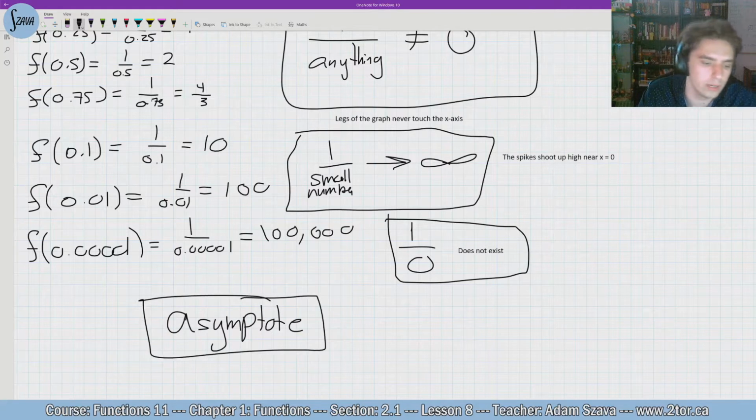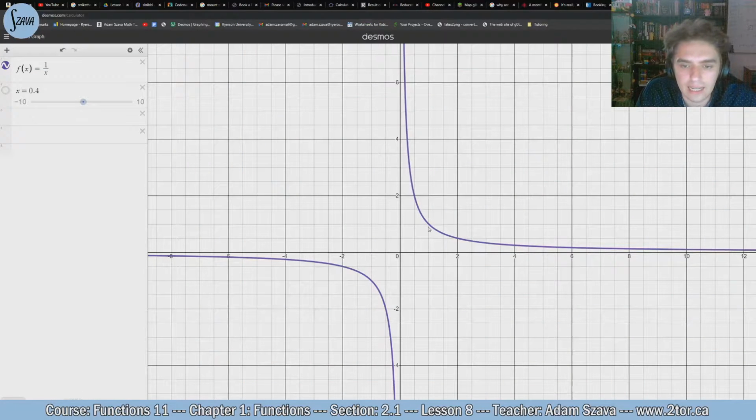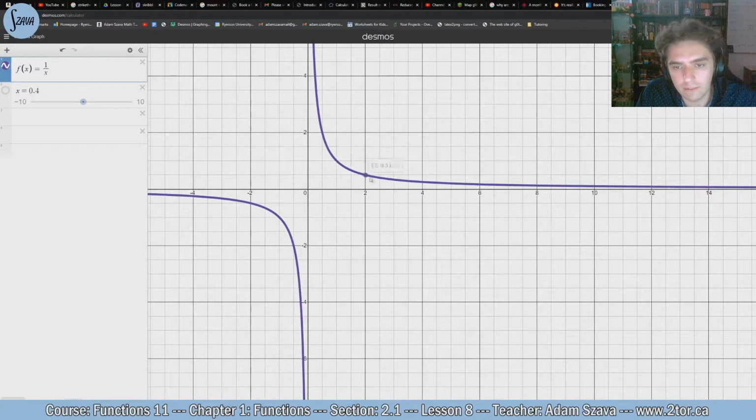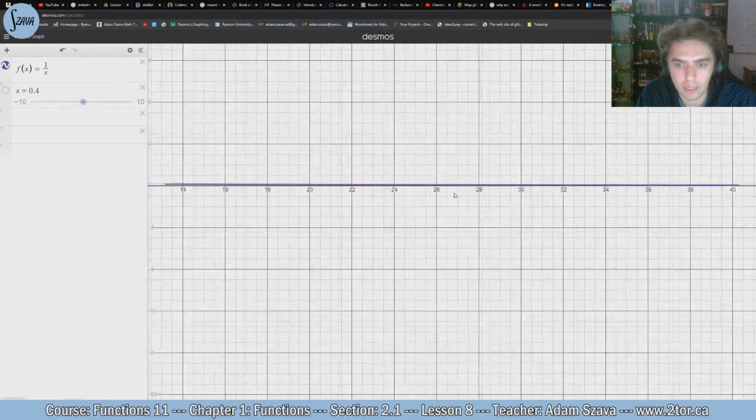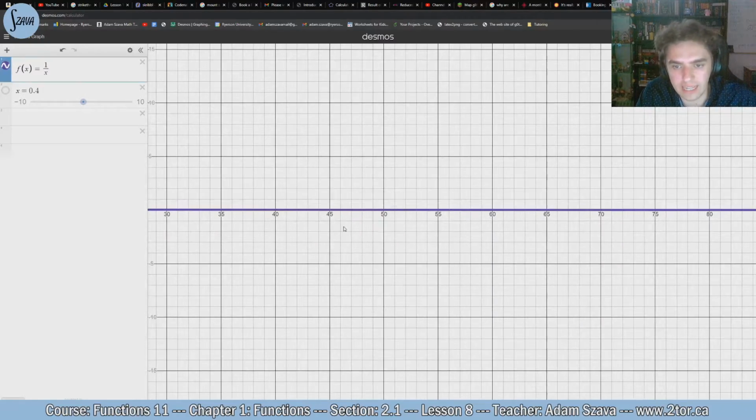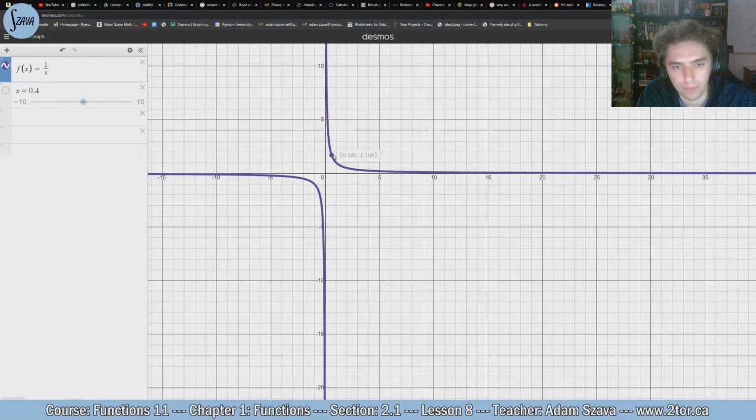So an asymptote is what you're seeing here. It's the idea that some part of a function is getting closer and closer, approaching a y value of 0, right? We're getting closer and closer to 0, but we'll never touch 0 because we're always going to be 1 divided by something, and that will never be 0. So we're getting closer and closer to 0, but our height is never actually going to equal 0.